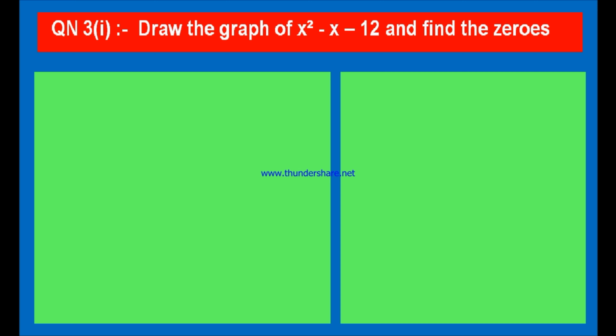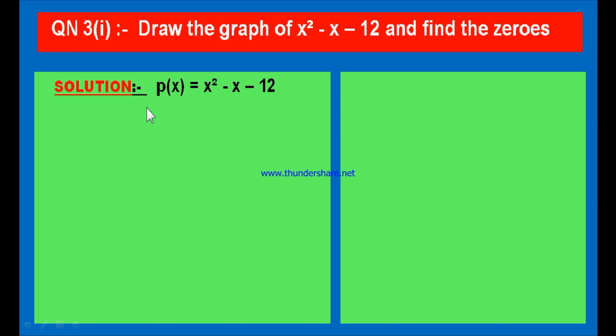quadratic polynomial. In order to draw the graph, first of all let us construct a table for x squared minus x minus 12. The solution: we have given the polynomial p of x is equal to x squared minus x minus 12. Now in order to draw the graph, first of all let us construct a table.